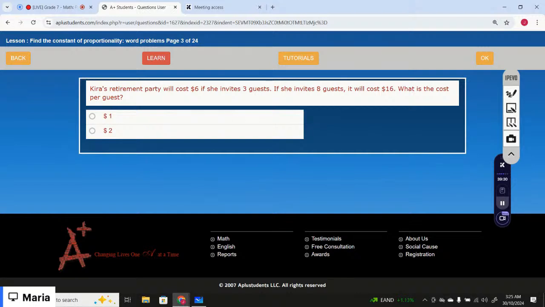Kira's retirement party will cost $6 if she invites three guests. If she invites eight guests it will cost $16. What is the cost per guest? So which is the correct option?